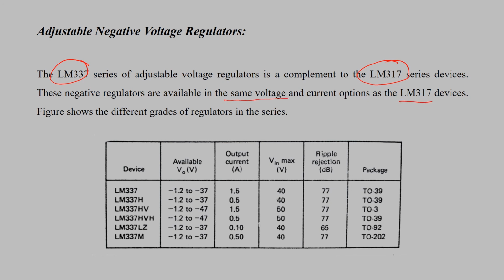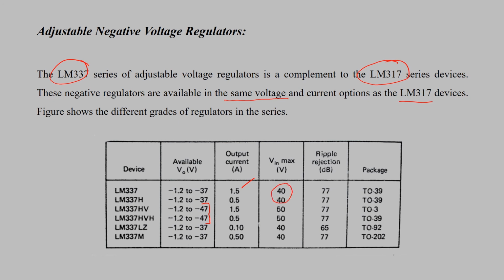There is a change: it is now not 57 volts, it's 47 volts. You can see here it's minus 47 volts. Maximum output current is 1.5 ampere.